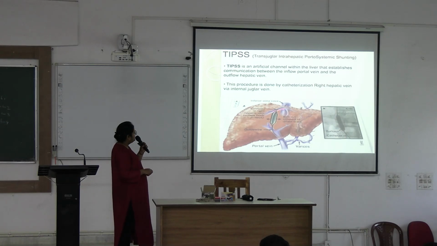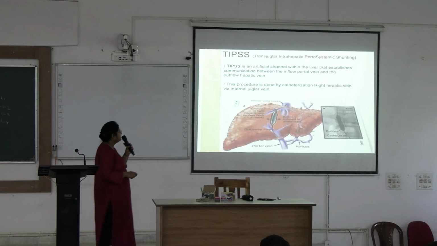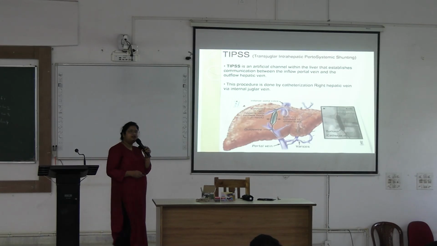Okay, hepatic veins are draining into the inferior vena cava, so direct shunting of blood will occur and hypertension will be reduced. And this procedure is done by catheterizing the right hepatic vein via the internal jugular vein. Okay.